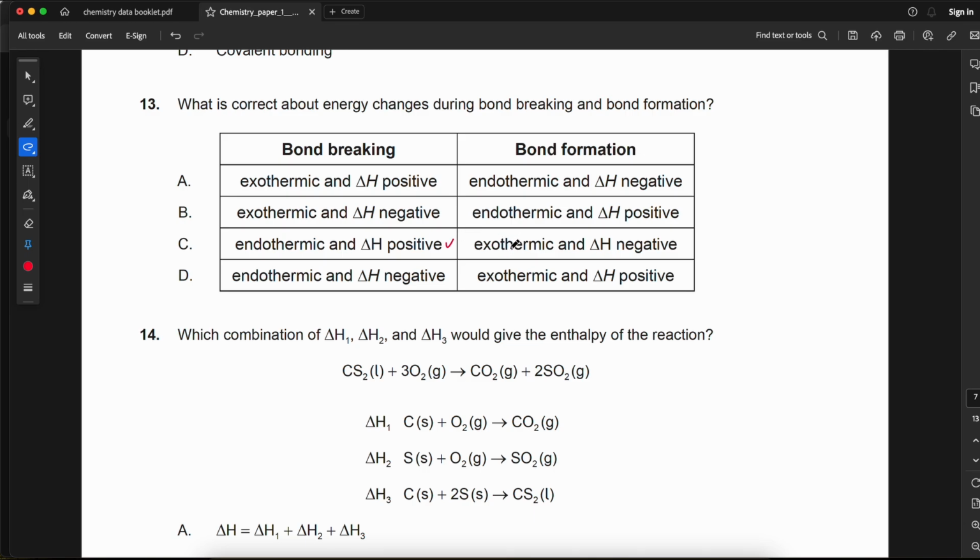And for bond forming, energy is released. So it's exothermic, a decrease in enthalpy, because the energy is released and the enthalpy becomes lower than in the reactant. So delta H is negative because it goes down. So the answer is C.